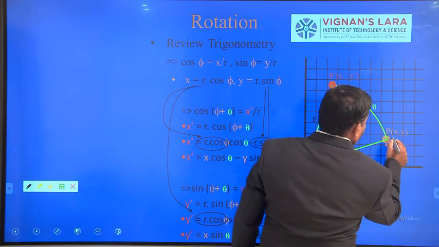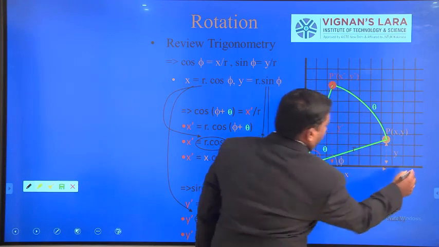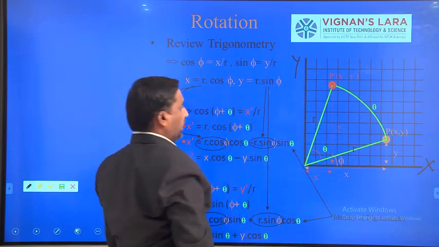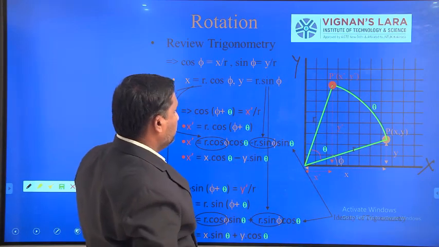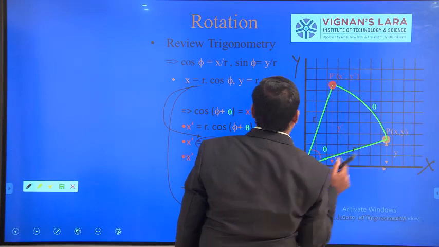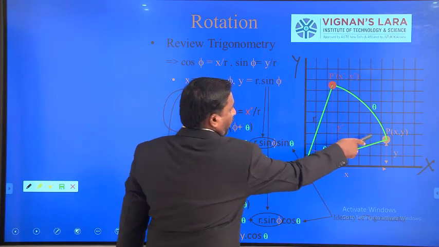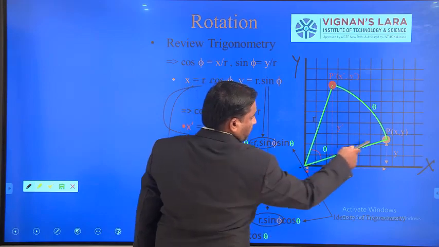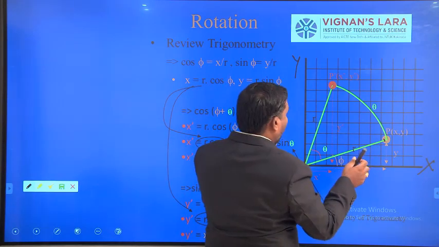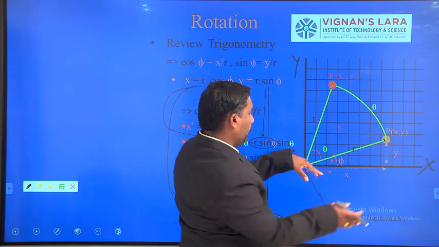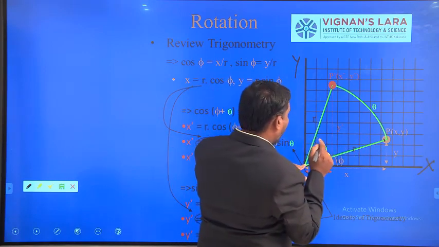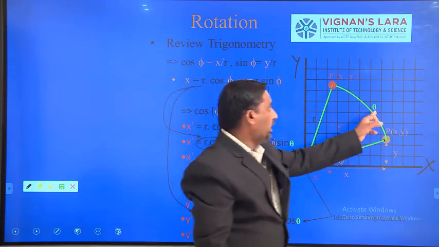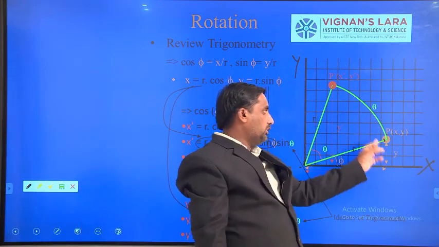This one is P, x comma y, with the x-axis and y-axis. The initial position of the point P is x comma y, and I am joining this point P with the origin 0, 0. Here P is rotating or revolving about the origin to P dash, that is x dash comma y dash, through an angle theta in the anti-clockwise direction, not clockwise.